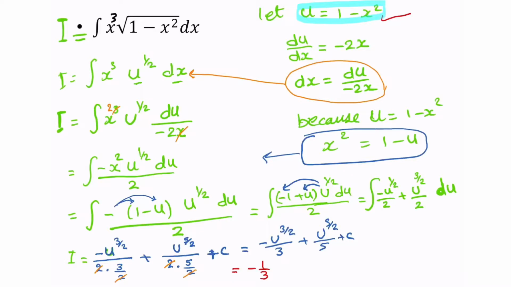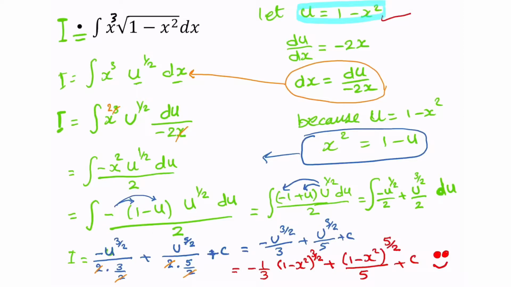So instead of u, I will say, okay, that's 1 minus x squared to the power 3 over 2, okay, plus the u to the power 5 over 2. Again, instead of u, we'll put 1 minus x squared to the power 5 over 2. And this is going to be over 5 and plus c. And that's it. Okay, happy? Yes, hopefully.